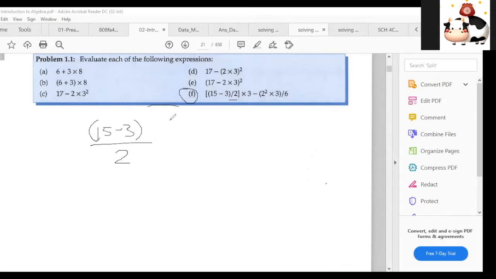And then notice how there's square brackets around this whole thing, before the 15 and after the dividing by 2. Then I multiply this by 3, and then I subtract 2 squared times 3, and this divided by 6, I'm going to do this.